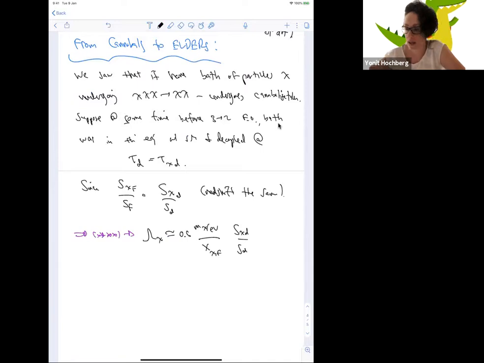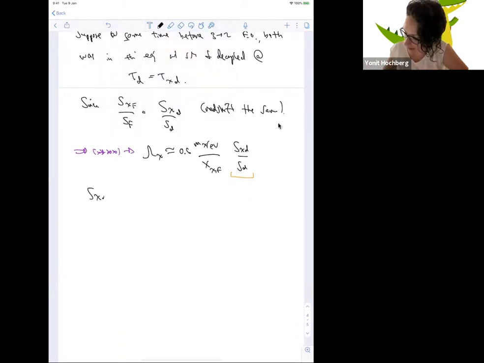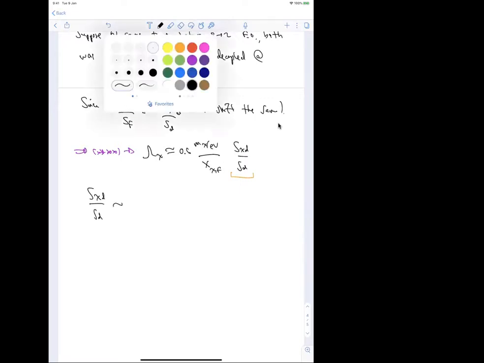Okay, and now let's estimate what is the size of this ratio. Okay, ratio of entropies. So this ratio of entropies, s chi decoupling over s decoupling. Let's just look what happens over here.